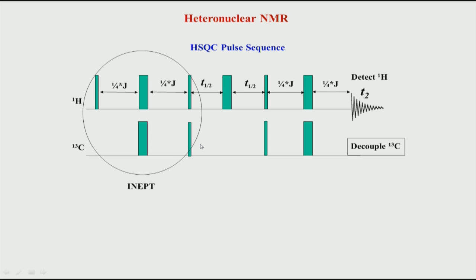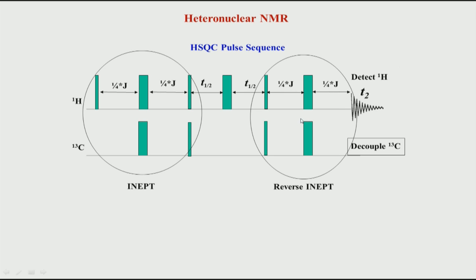Similar to all the 2Ds we have seen so far, the idea is you allow the chemical shift to evolve. And after this period, at this point, we go back to the hydrogen proton, because we have come from proton to carbon during this part, and from here we go back to proton and then detect the proton magnetization.